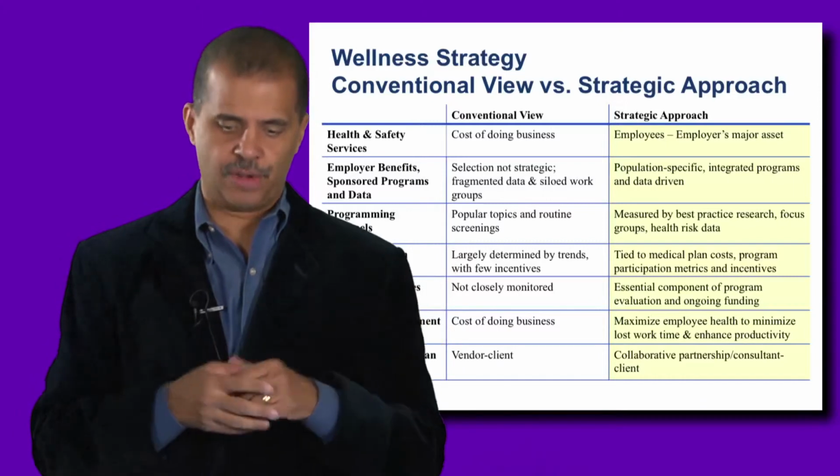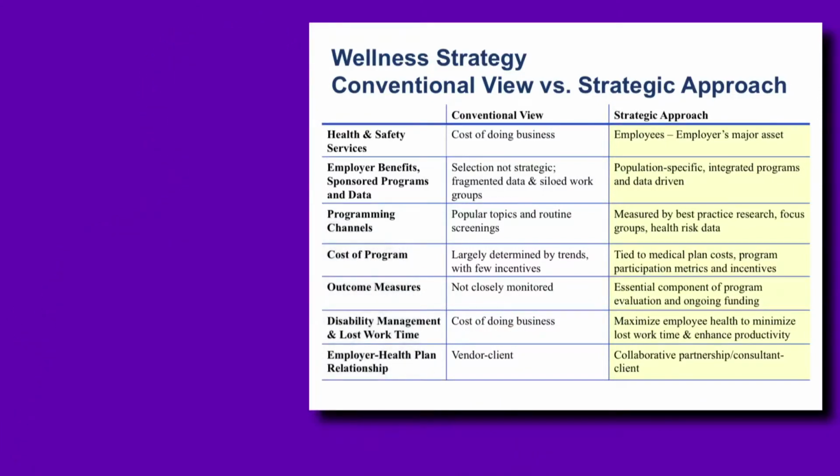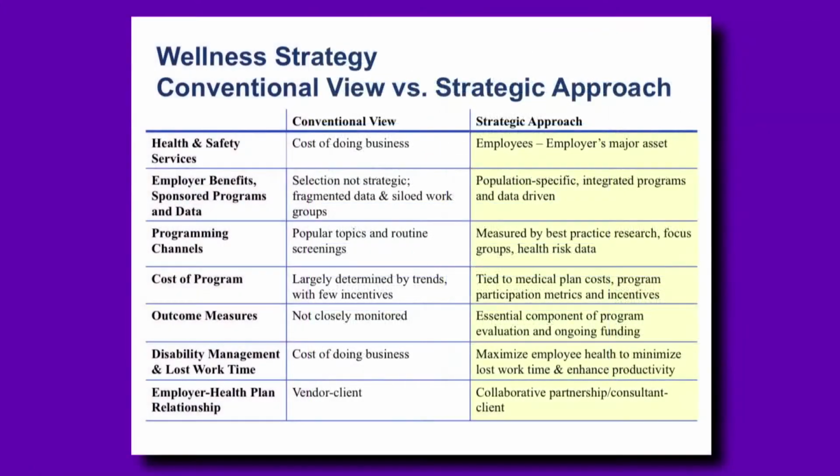Let's look at a wellness strategy. So the conventional view versus a more strategic approach. So I'm going to focus on the strategic approach. So here you actually view your employees as an asset, not as a liability. You also design your programs in a way that are population specific. So maybe some travel a lot, different intervention.